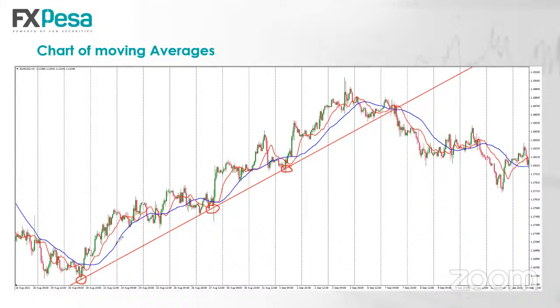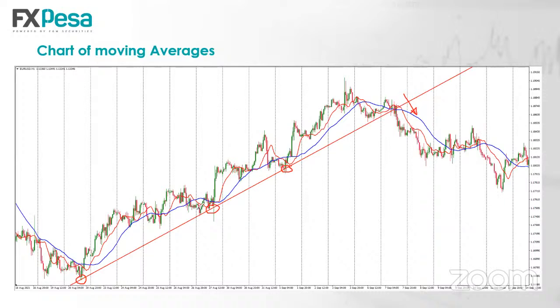For example, with the moving averages, you realize the price moves below it, but so long as it's not moving below this trend line, then you're still on an uptrend, up until the point where the price moves below the moving average and also moves below the trend line. That's when you can confirm that change of a trend or the break of a trend. That is what we're calling a break of a trend.